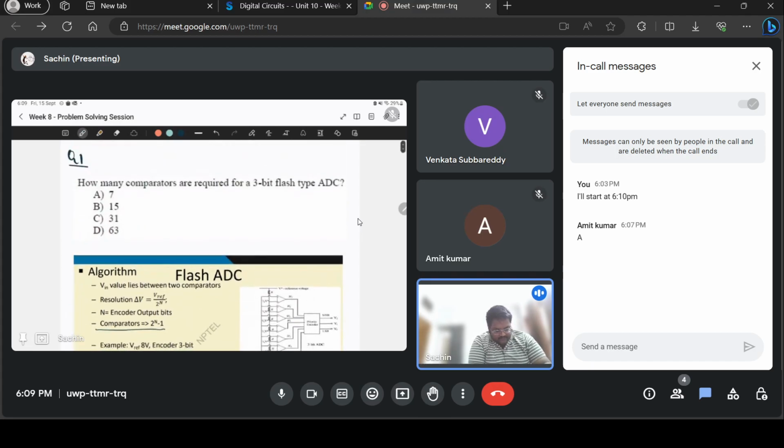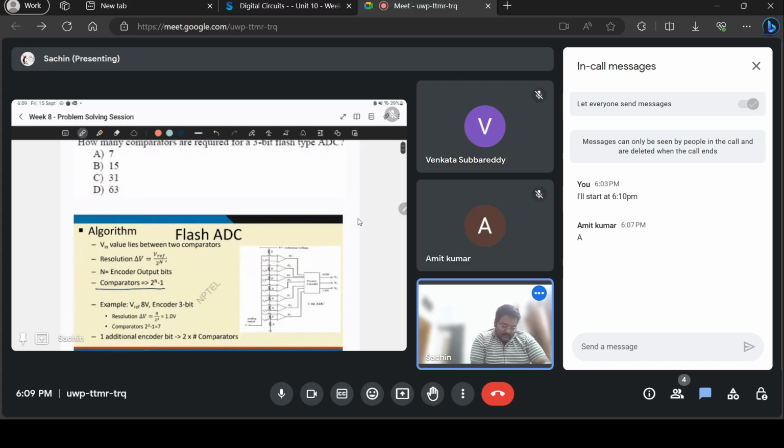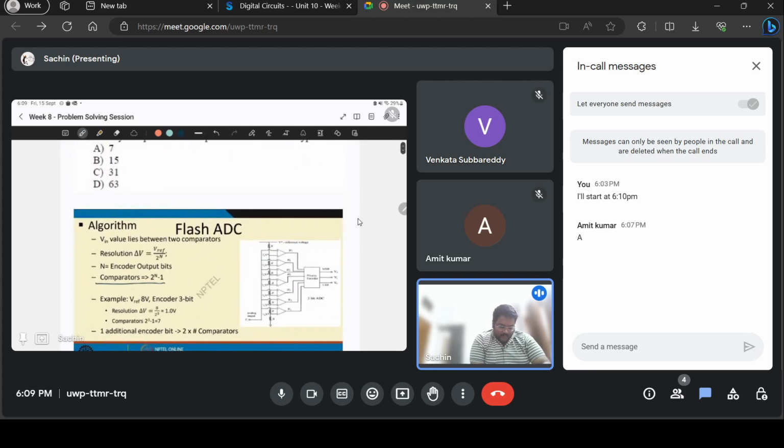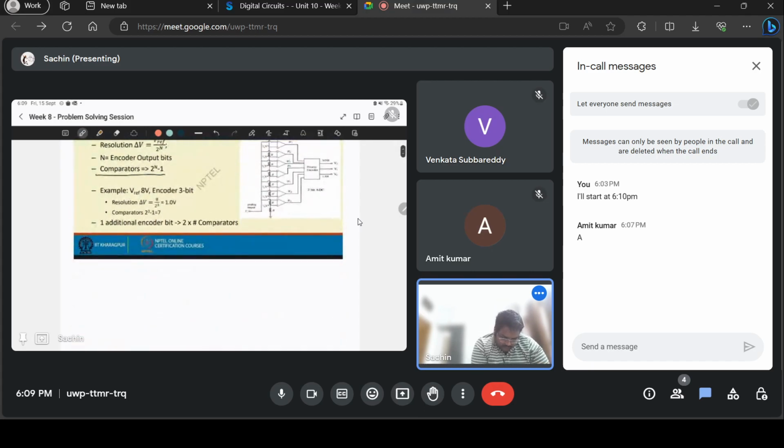Here they're asking for a 3-bit flash type ADC, so the number of comparators is 2 power 3 minus 1. N is 3, so 2 power 3 minus 1, 8 minus 1, 7. Option A.